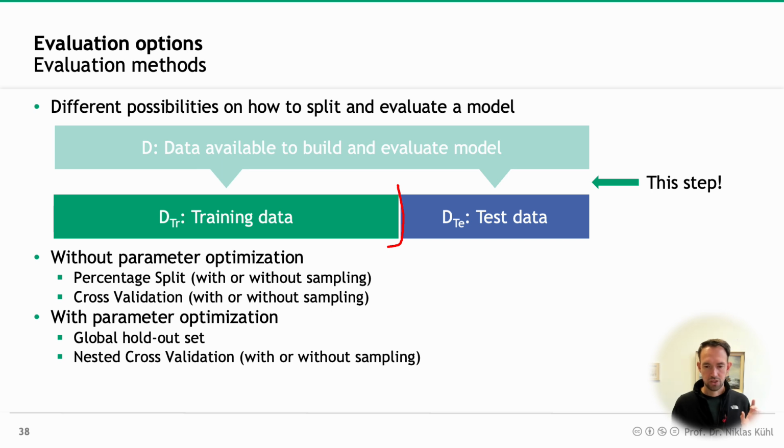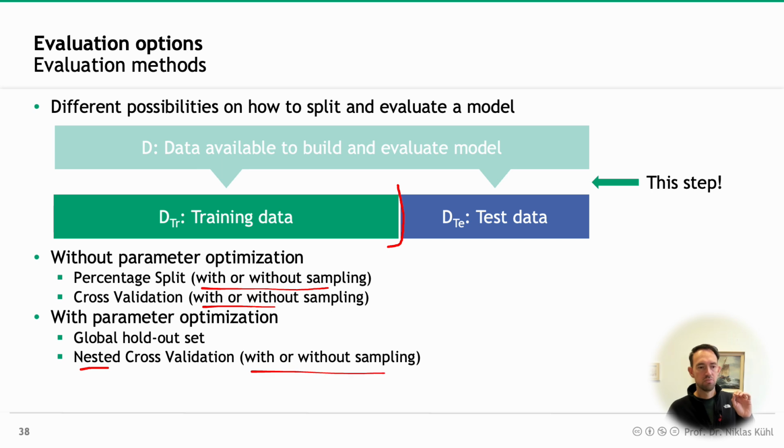Then we have to choose between a percentage split and a cross validation. If we do want to optimize parameters while also making a good split over here, we have two options, which are either a global holdout set or a so-called nested cross validation. And you can combine three of those also again with sampling.